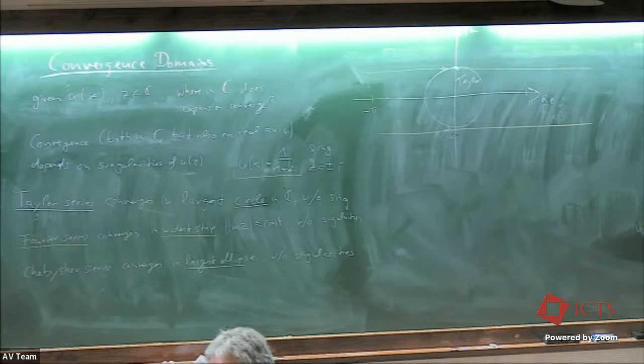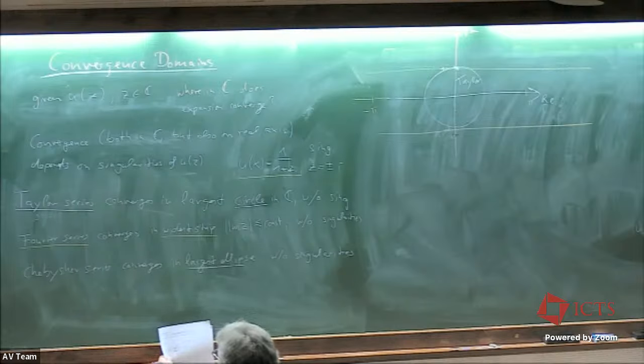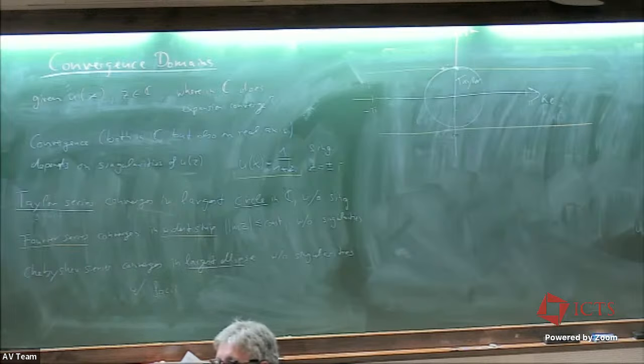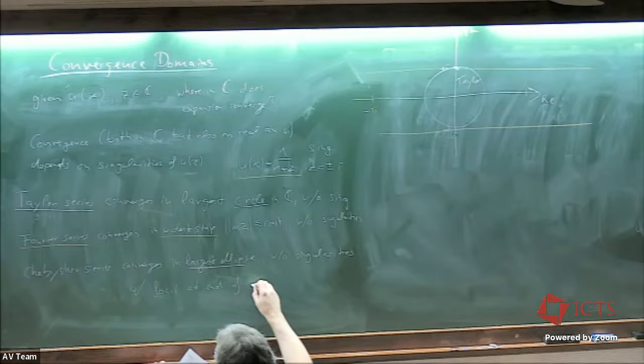But for the ellipse, we now also need to specify its shape and so forth. And here, the trick is that the foci, the two focal points of the ellipse, are at the end of the Chebyshev interval.